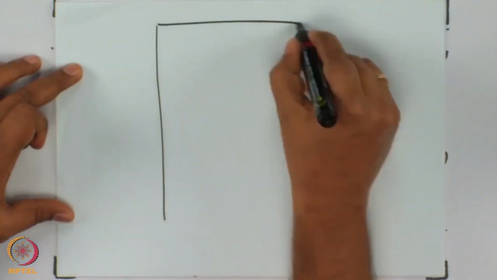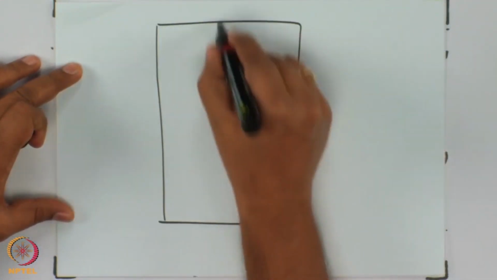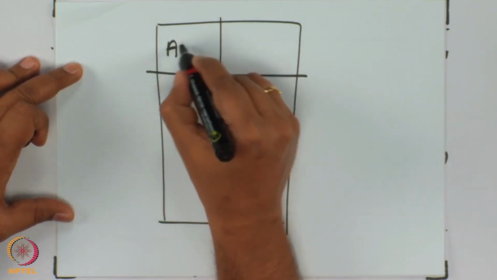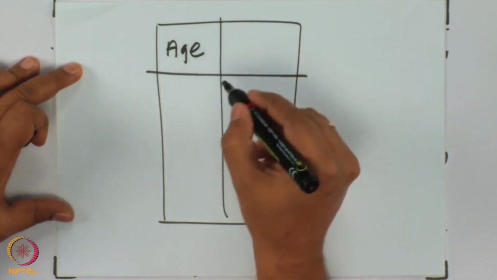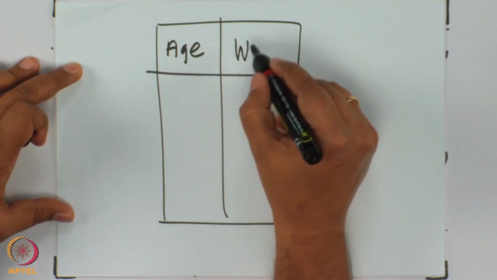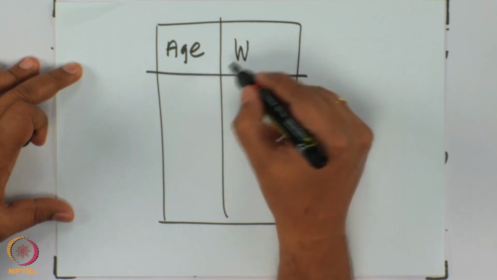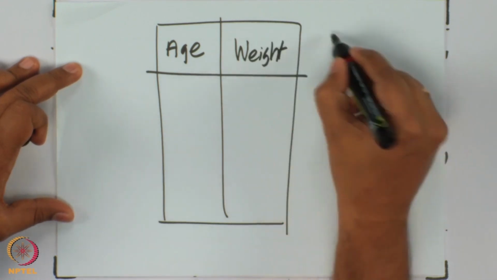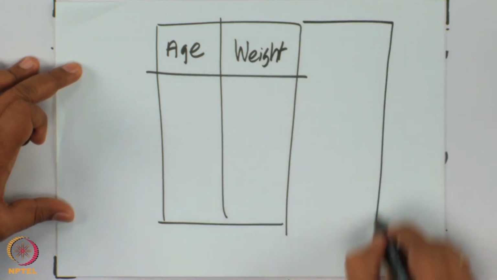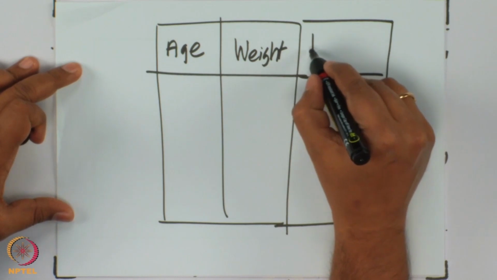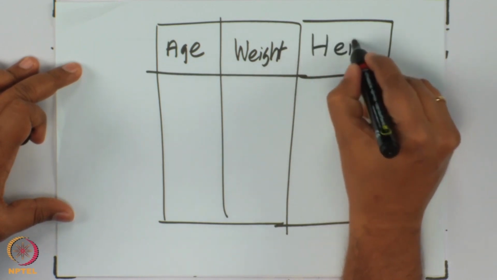All the doctors will have such a chart. So we can have a chart with the age of the baby in months and weight, or it could be height also. So either you can have weight or you can have height as another column. Height or length, sometimes this is called length for small babies.